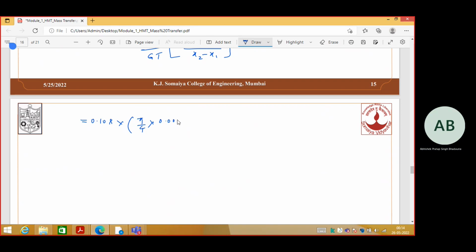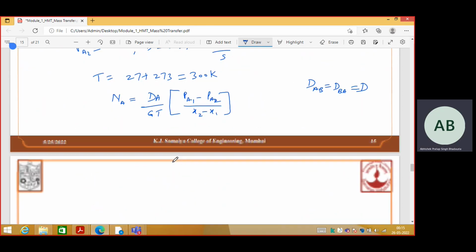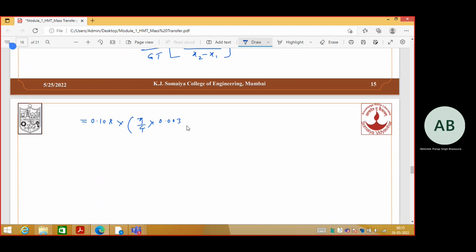So pi by 4 into D. Just a minute, what is D? It is 3.5 mm, so 0.0035 square. Calculated area. Now G is the gas constant, so 8314 into the temperature, which is 300 Kelvin.